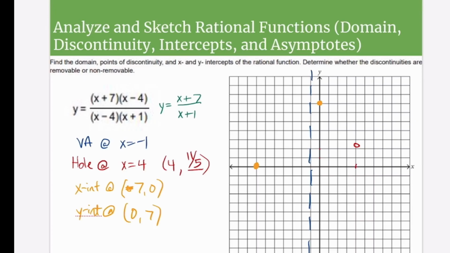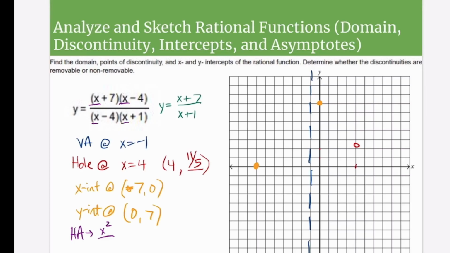All right, so we have our points: point, hole, vertical asymptote. So your horizontal asymptote, I'll just do very quickly. It's dividing your leading terms. Because your numerator has x times x, it's going to be x squared.